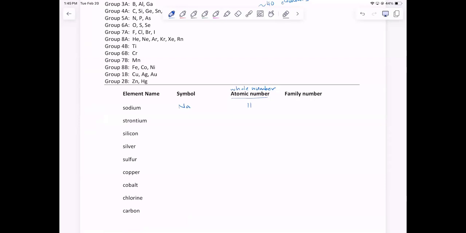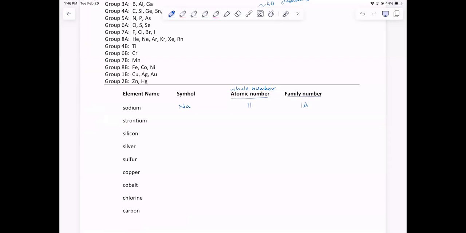Okay, the family number is the number at the top. And like I said, in this vertical column, all the elements have similar chemical properties. That's why they're all listed together. The family number is a way to say they're all the same, so let's call them by this family number or even a family name.